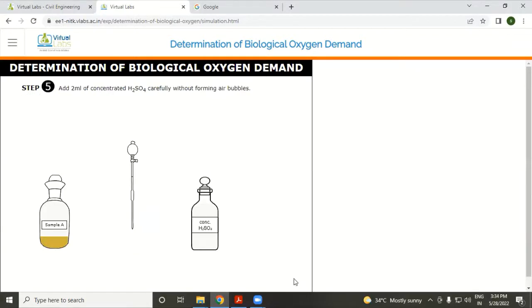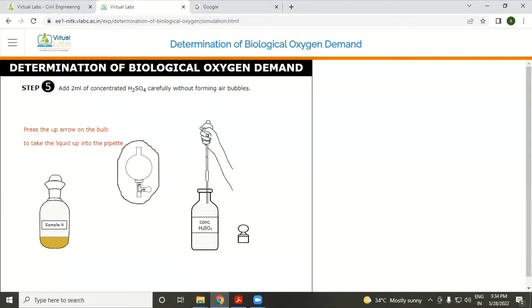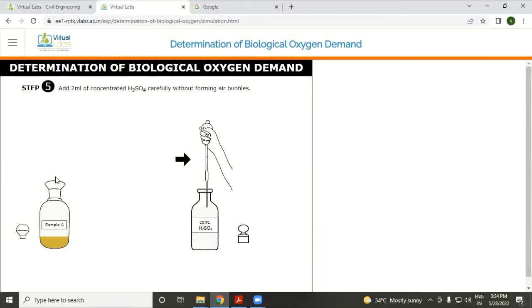Same procedure for bottle B also. Then add 2 ml of concentrated H2SO4 in bottle A.